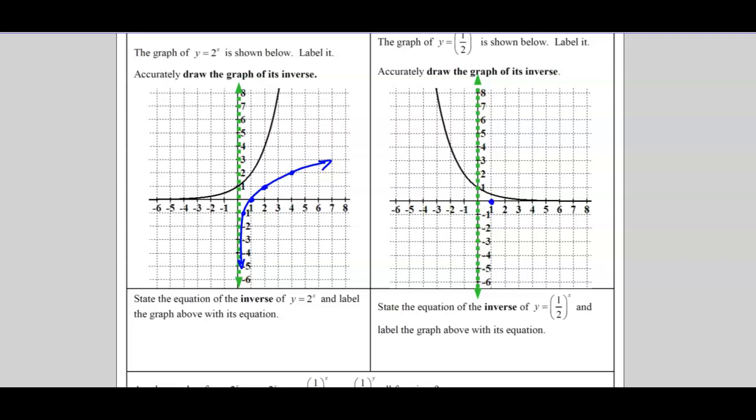Now these points, these are easier, will go to the left. So (-1, 2) becomes (2, -1). (-2, 4) becomes (4, -2). And then remember (1/2, 1) becomes (1, 1/2). So that should be enough to get a decent graph.